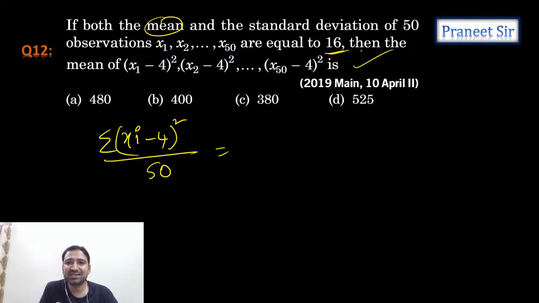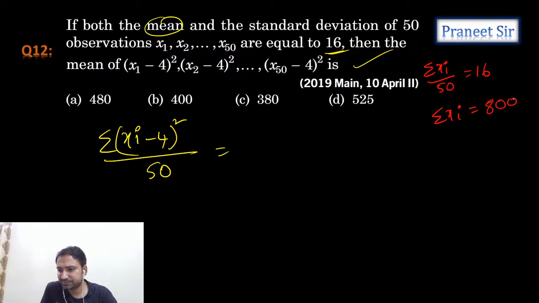So mean, that is sigma xi by 50, is equal to 16. From this, sigma xi is how much, guys? Cross multiply. Are we getting 800? Yes, we're getting 800.